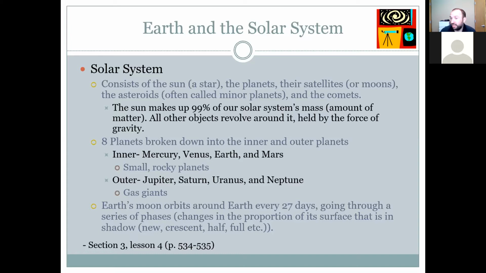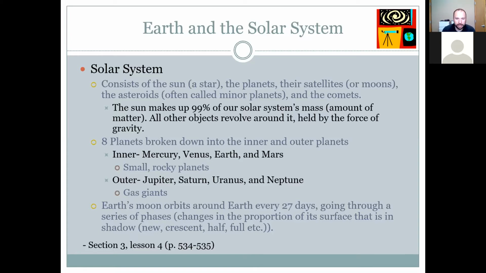So the sun's gravity is huge because it's made up of a lot of mass, and the size of a planet and more specifically the mass of a planet dictates the amount of gravitational pull that it has. So when we start to look at this chart that I'm going to pull up, you'll notice that the bigger planets tend to have a lot more moons, and that's because they have a stronger gravitational pull.